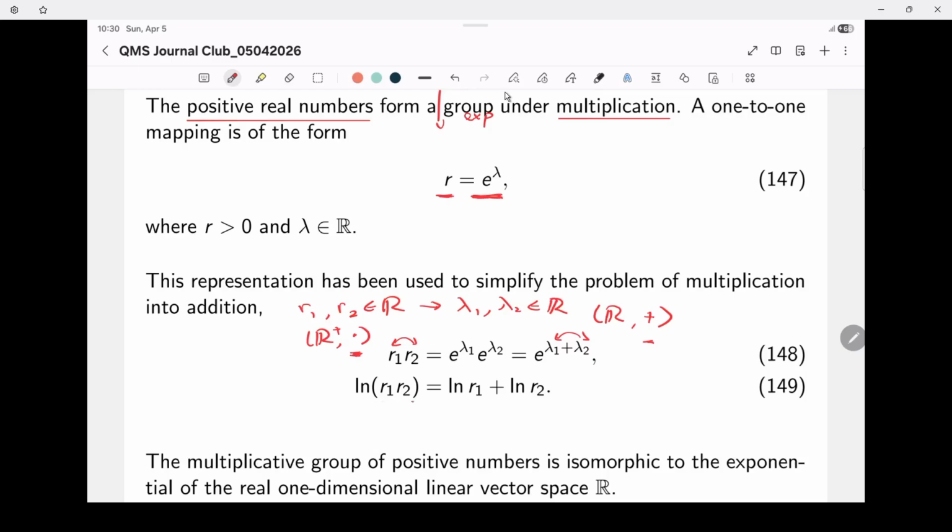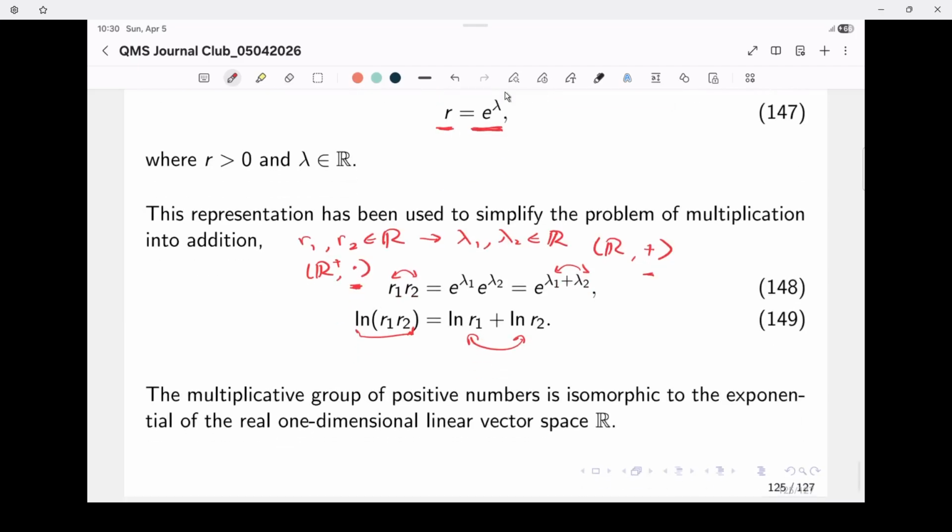And also, you can perform your logarithm on equation 148 to become the natural logarithm of R1 and R2. Okay. So then what you are trying to say is basically the multiplicative group of positive numbers is isomorphic to the exponential of your one-dimensional linear vector space R.